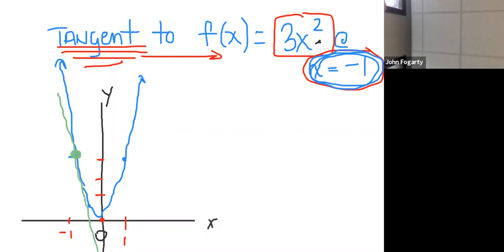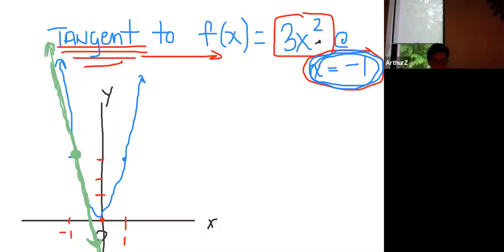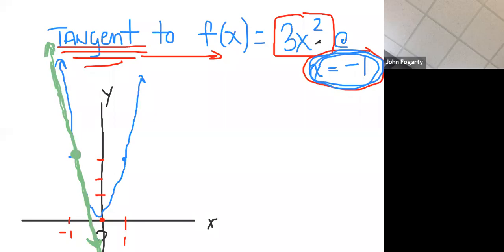So I know what about this picture, fellas? I still need to write the equation of this line. What do you know about the slope, fellas? That it's negative. Very good.